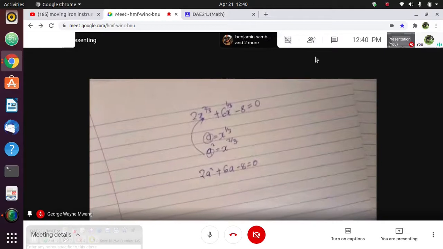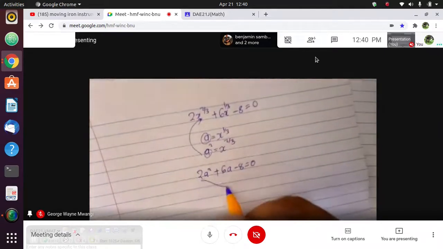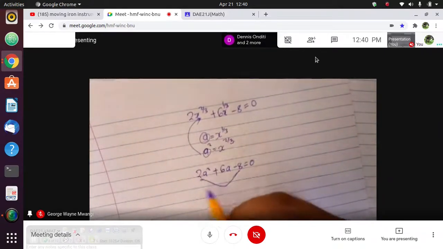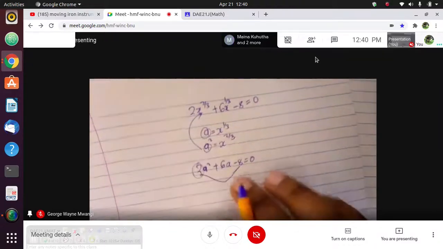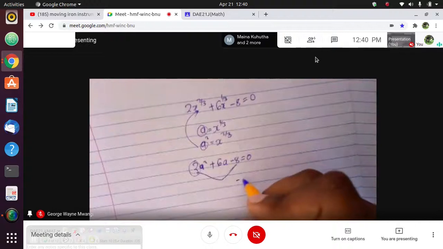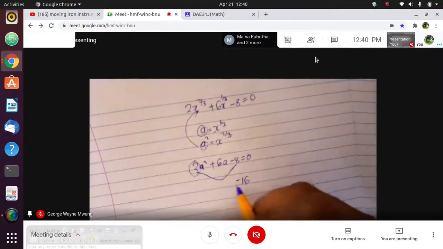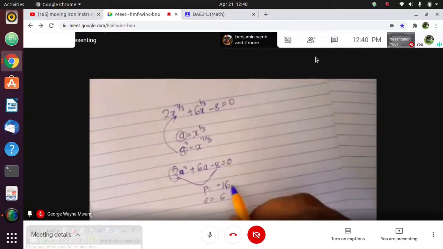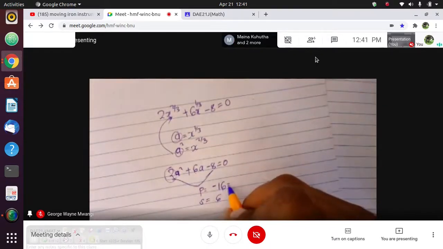Now let us solve that quadratic equation. These two numbers: the coefficient of the first term times the constant, the product will be minus 16 and the sum will be 6. Now which numbers will I multiply to get negative 16, and when I add them I get 6? Now let us write down the factors of 16.